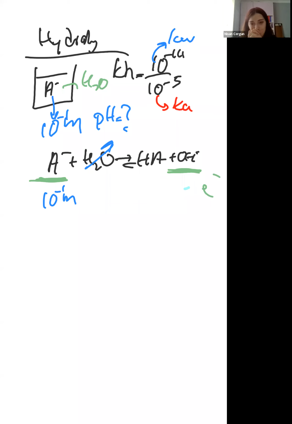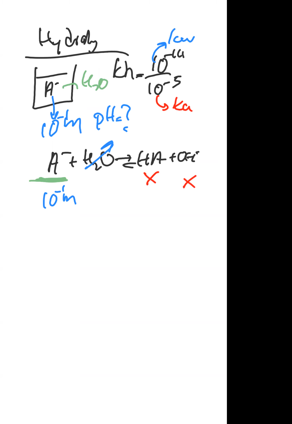Then we have freshly produced OH minus, but we have no idea about its concentration, and also freshly produced HA, the weak acid, and still we have no idea about the concentrations of those.